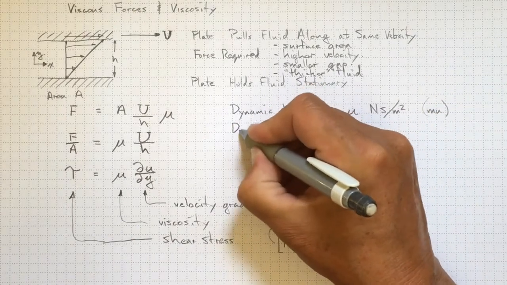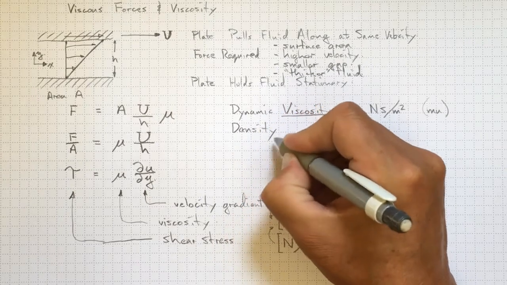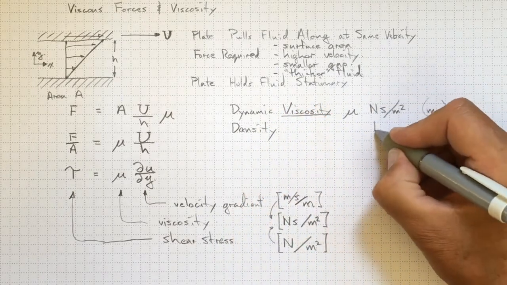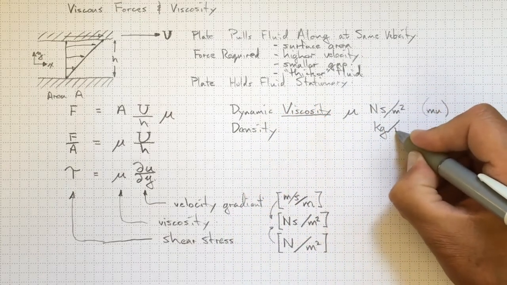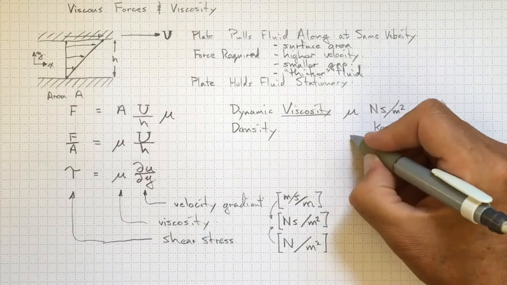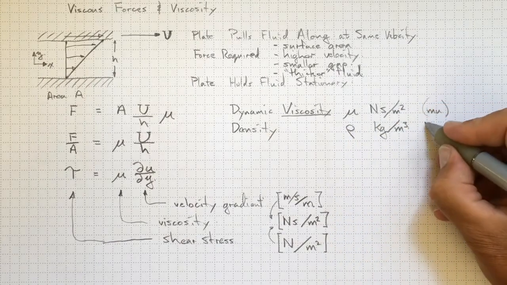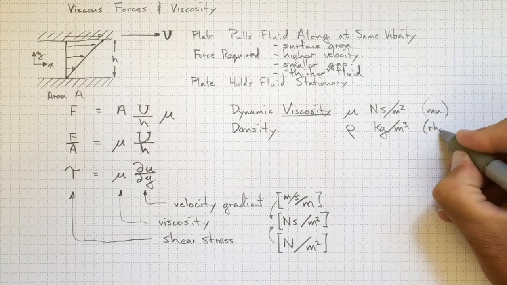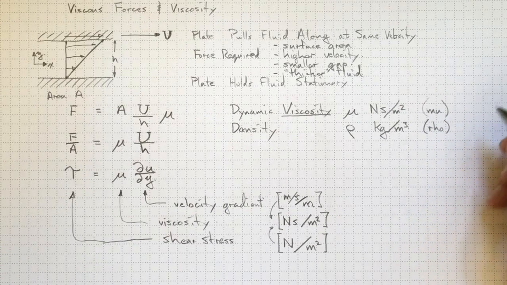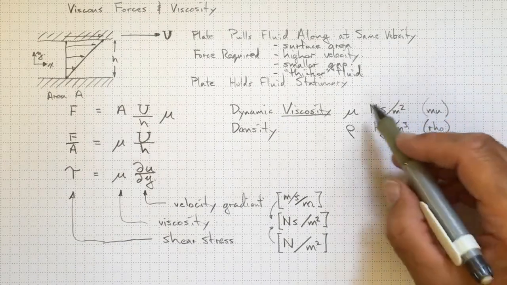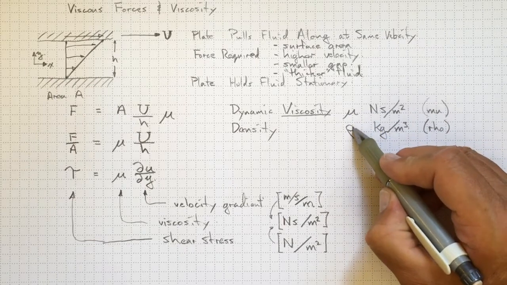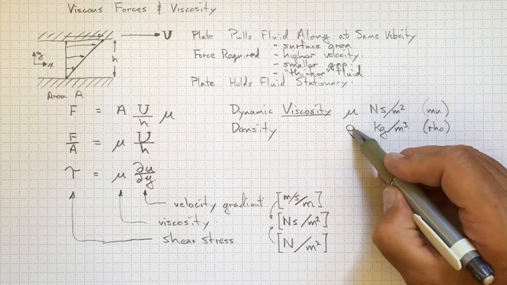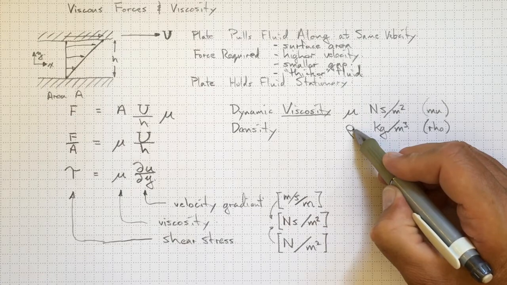Fluid also has density, as you've learned in thermodynamics and elsewhere, and that's the amount of mass, kilograms, per cubic meter of fluid. And it's always represented with rho, the Greek letter rho, spelt out RHO. Very often we're interested in comparing viscous forces with inertial forces, so the ratio of the viscosity and the mass are going to turn out to be important.